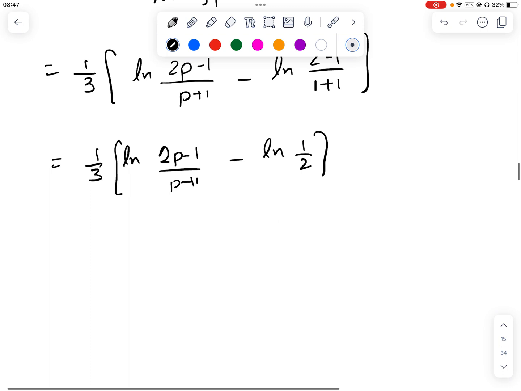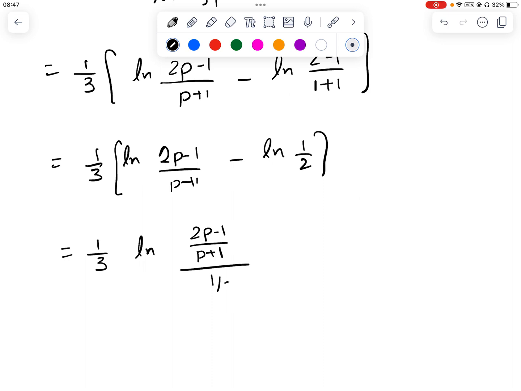So ln minus becomes division: 1 upon 3 ln of 2p minus 1 upon p plus 1 divided by 1 upon 2. So it becomes 1 upon 3 ln of 4p minus 2 upon p plus 1. This is going to be the answer.